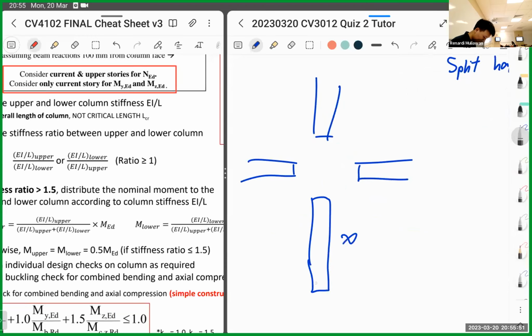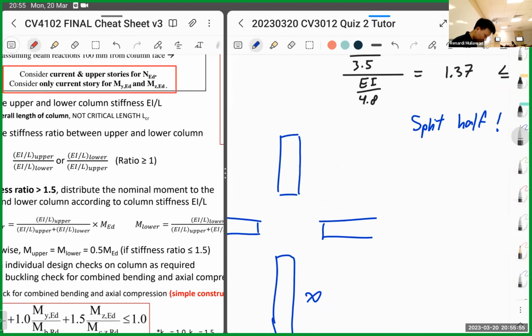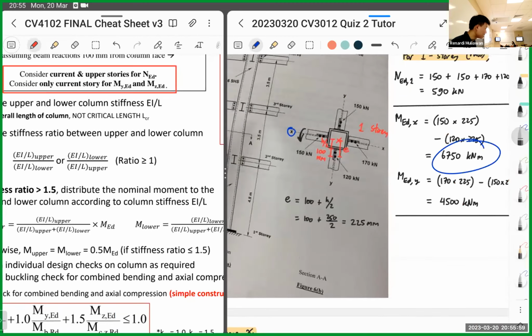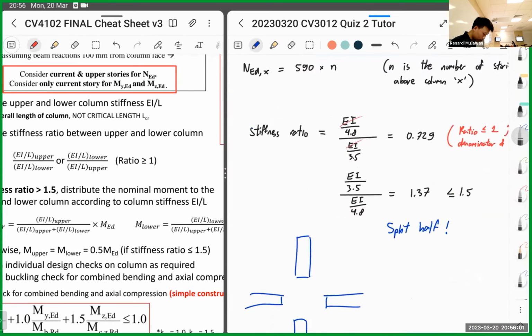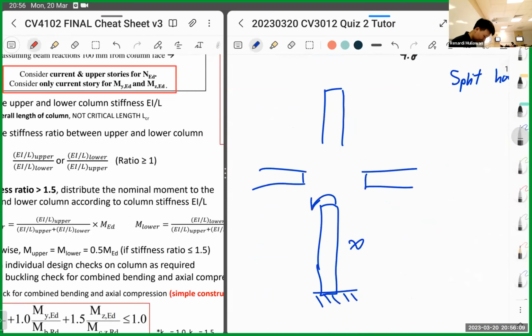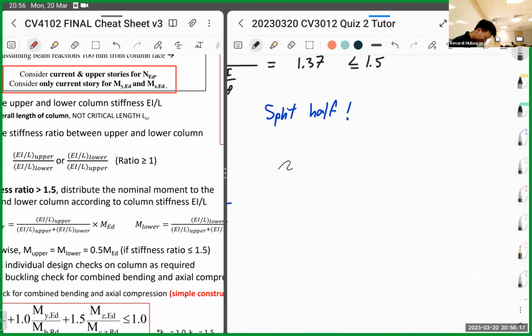This is column X. So just now we have 6750, half of it will be carried by the upper column, half of it will be carried by the lower column. So this is 0.5 times M.